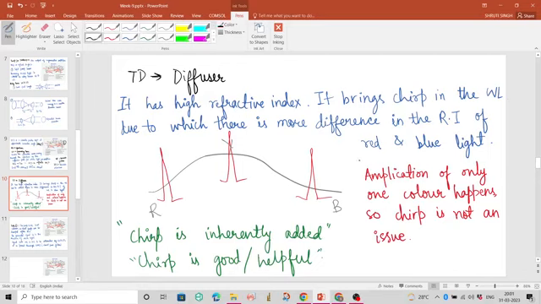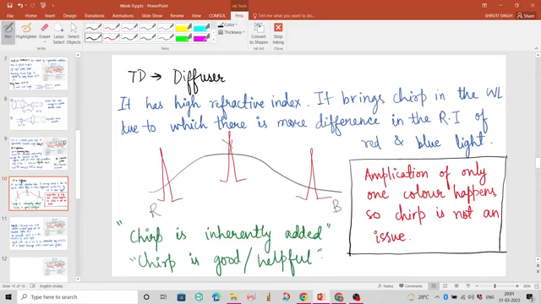So that's why we are not utilizing the whole spectrum. So we do not care whether the pulse is chirped or not, and if it is chirped, it is good because we get all the colors more separated out, and then choosing one color will be easier. So that's why the chirp is not an issue in this kind of setup.